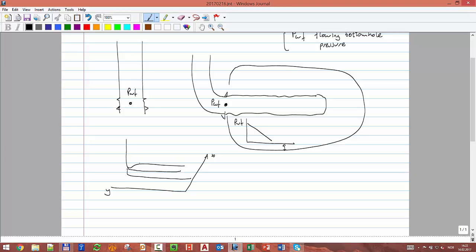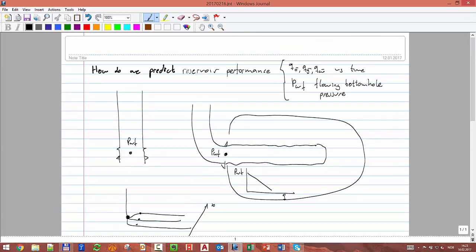In that case, you have to define a PWF for each one of the branches. Or you can put it in a common point and represent them also here. But you can have a PWF for each one of the branches. So just think that we are saying here that it's a point, but for each well it might be 3 points, or it might be multiple points, depending on your completion. Is that clear? More or less?